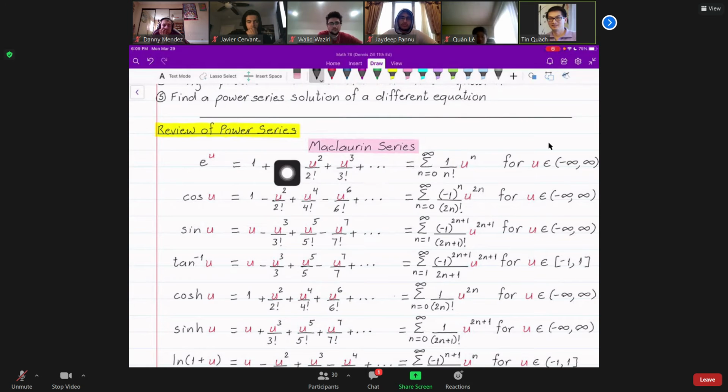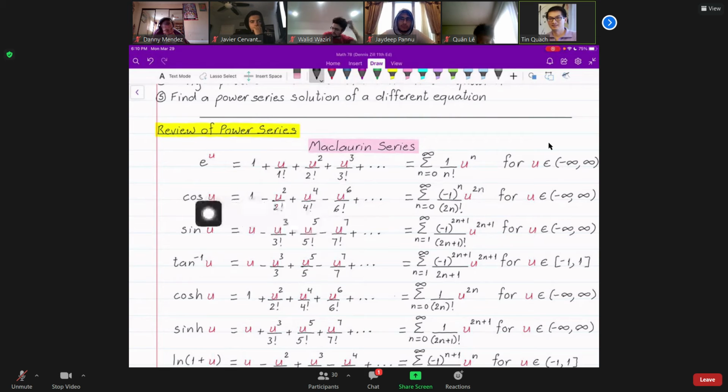Now, once you know this, try to see the relationship between this Maclaurin series and the Maclaurin series for these functions. And notice that for cosine, it is just all the even terms of e to the u, you see? So u to the 0, u to the 2nd, u to the 4th, u to the 6th.